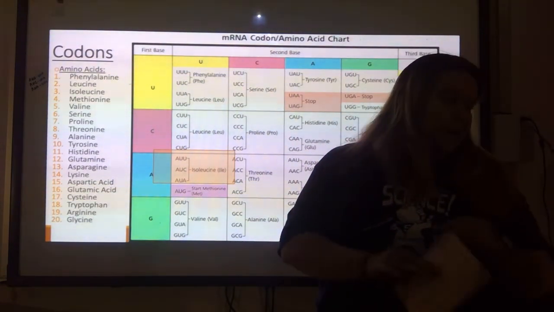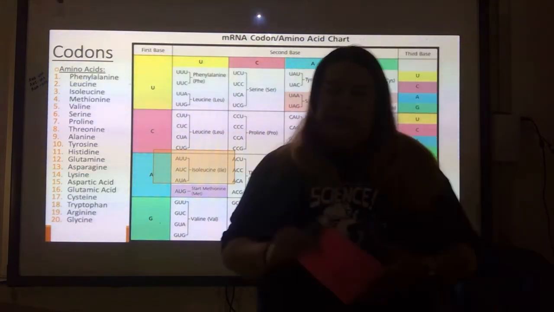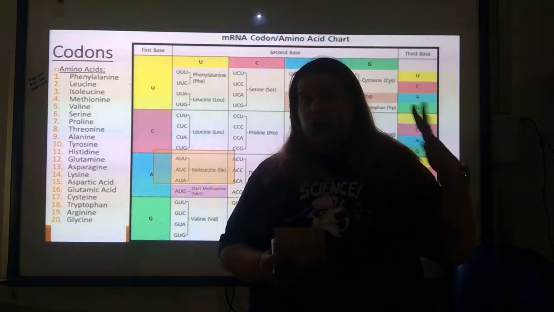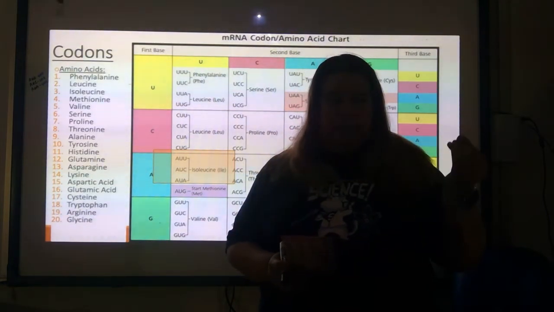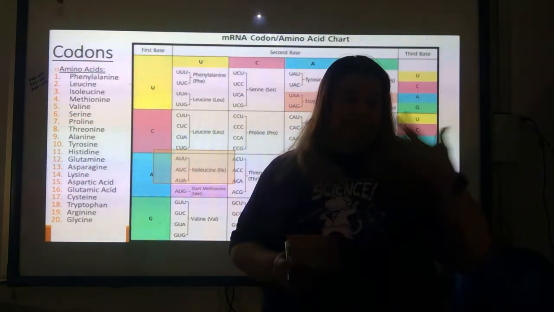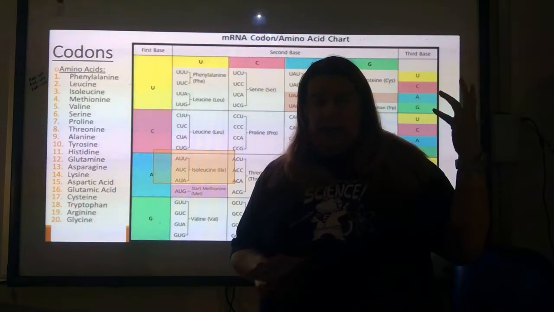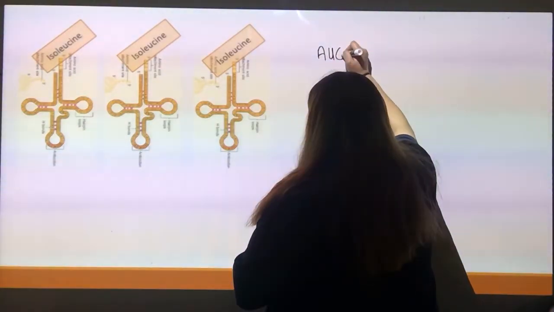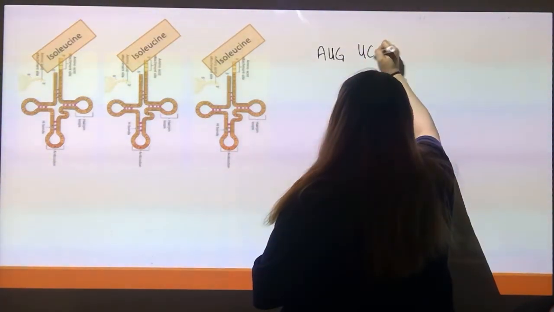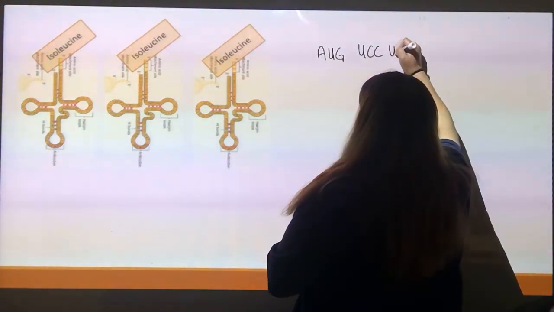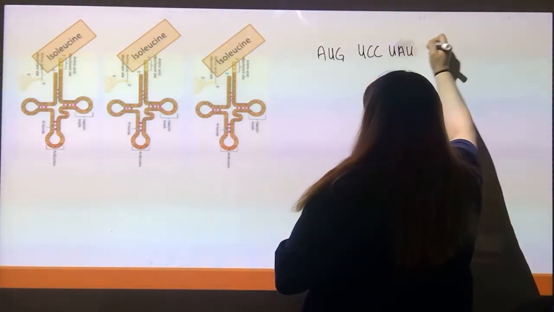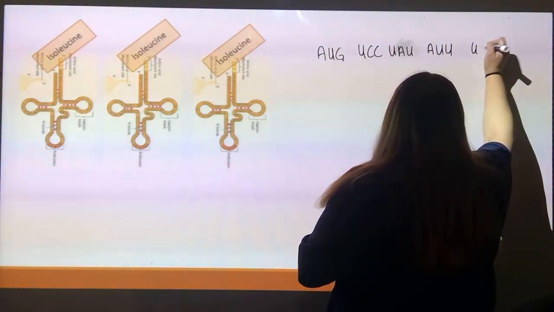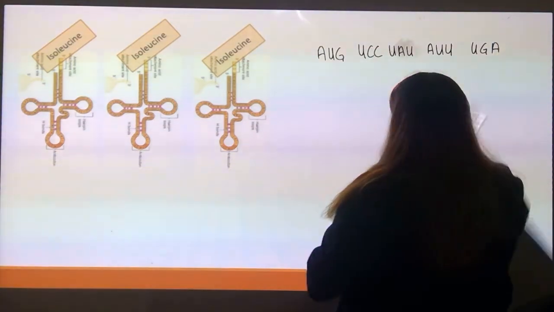I'm going to come up with, well, I've already written it down, but just a generic code, all right? A generic, this is the code kind of thing. AUG, UCC, UAU, AUU, and UGA.